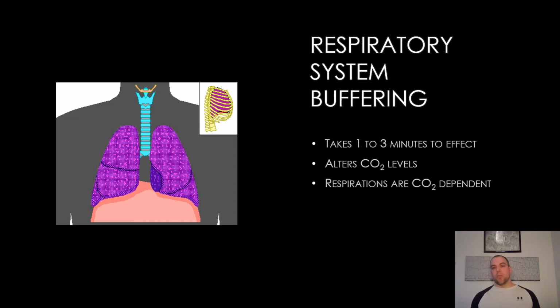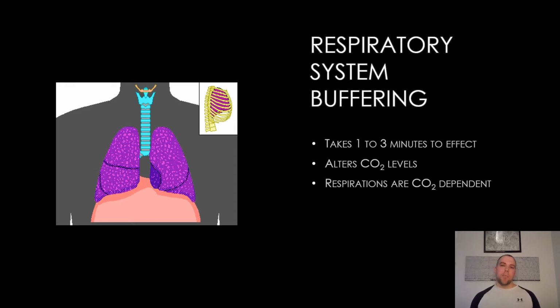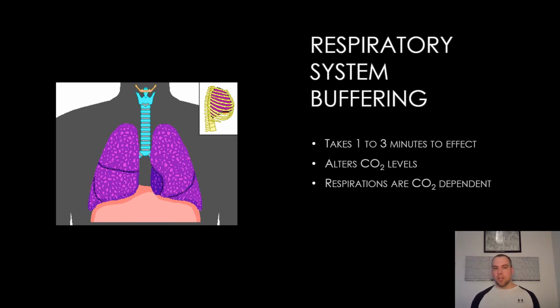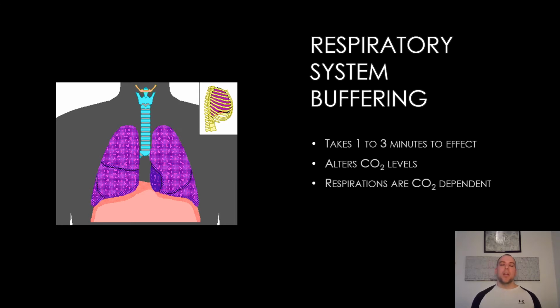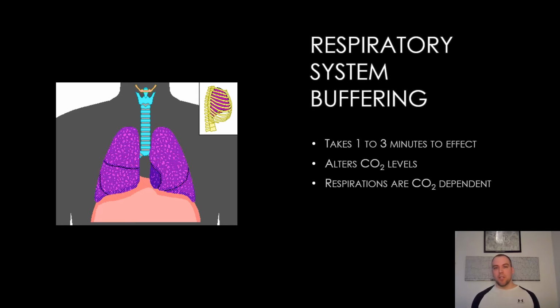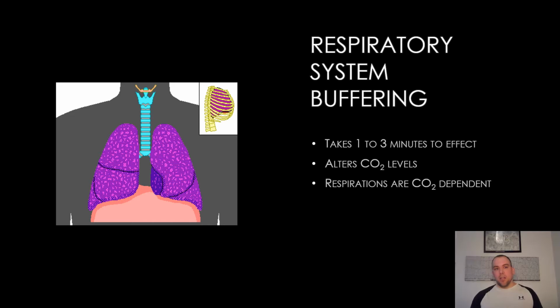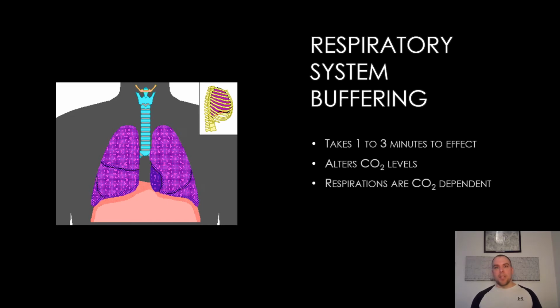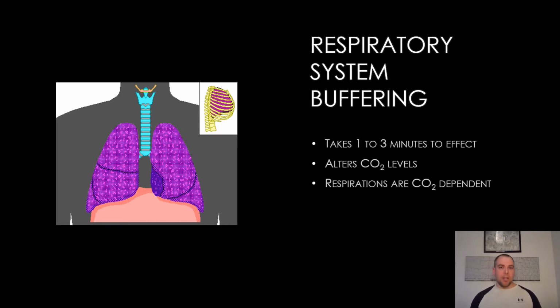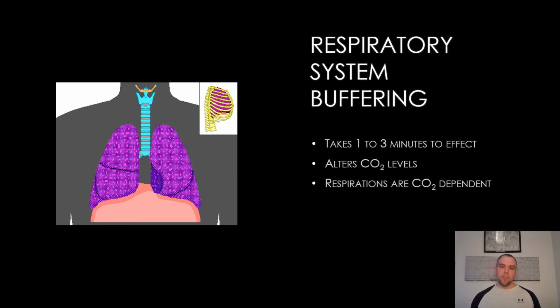Again, it takes 1 to 3 minutes to actually affect the human body. So again, you run up a flight of stairs, it's going to happen immediately, and depending on your level of fitness, cardiovascular fitness in particular, that will determine the amount of time it takes to get back to homeostasis. But the point is, it'll happen quickly no matter what.